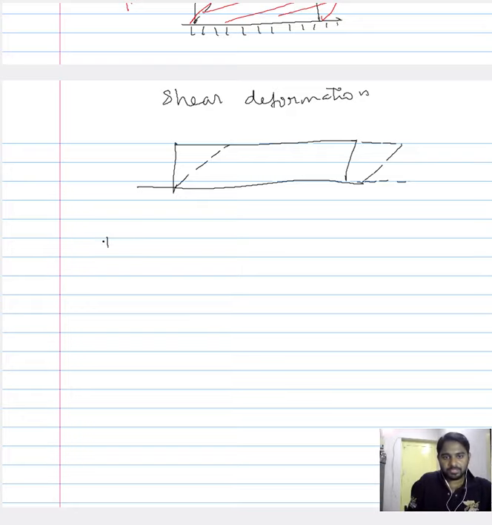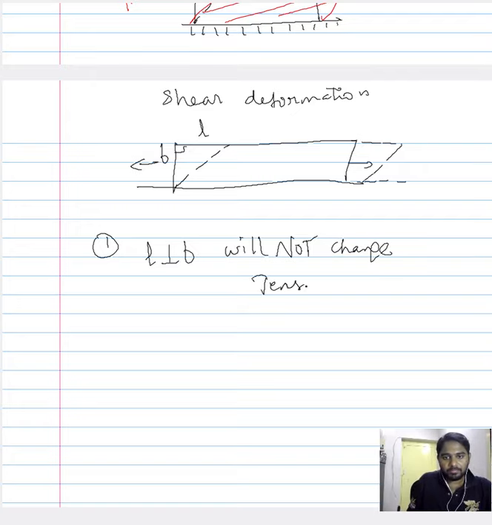So the first thing you could observe is, when you try to pull this initial material using tensile loading, when you try to stretch it, even though the material elongates, the orthogonality between the length and the breadth, that is the perpendicular relation between the length and the breadth, will not change during tensile loading or even compressive loading. When you compress it or when you stretch it, the perpendicular nature or the orthogonality between the length and the breadth will not change.